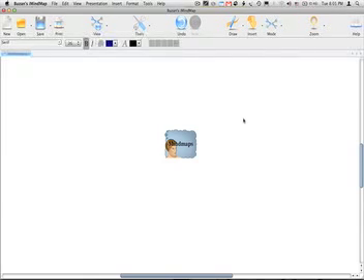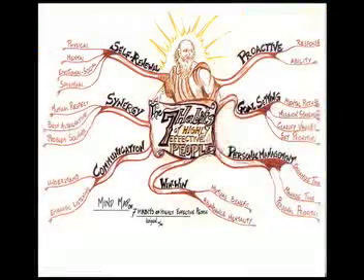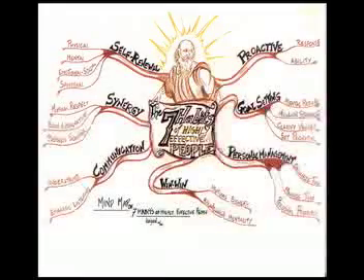I'm going to let you take a look at an example of a mind map. Here you see a mind map by a gentleman called Kaizad Irani, and he's gone ahead and mind mapped the book The 7 Habits of Highly Effective People by Stephen Covey.